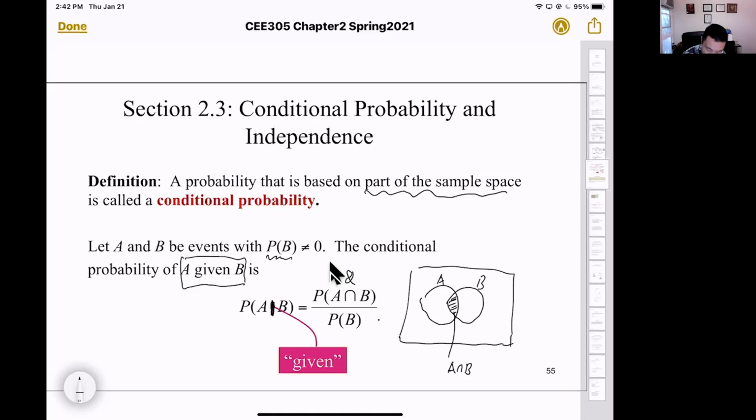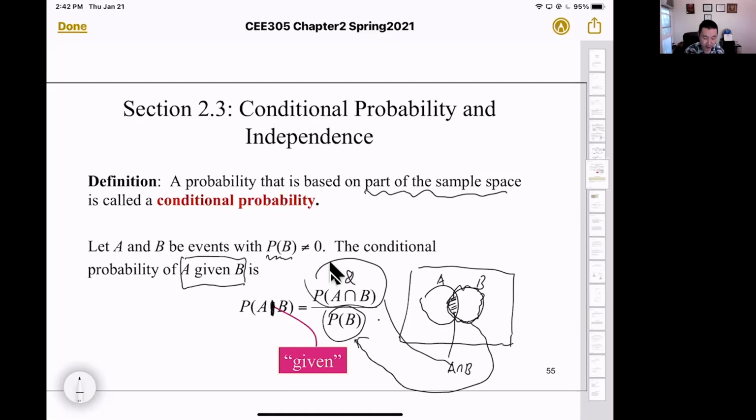And P(B) will be the whole circle of B. So you can have an idea what conditional probability is.